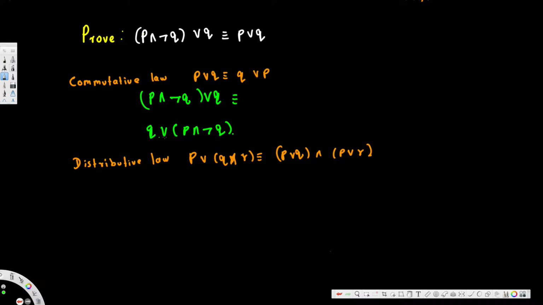Here we have Q or P and not Q, so same as that we can distribute: Q or P, and Q or not P.